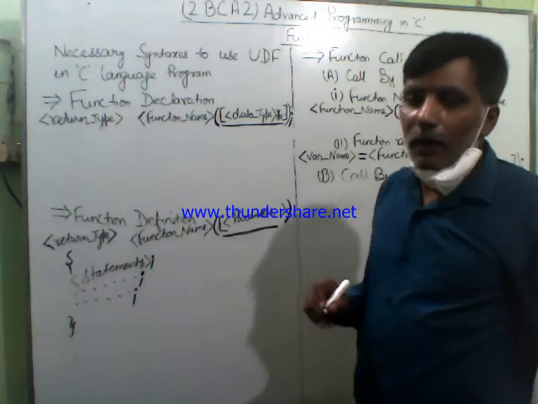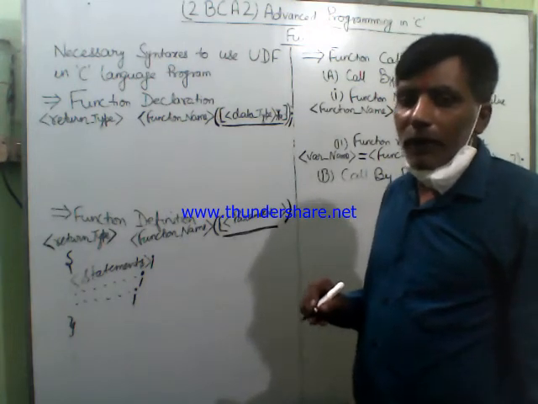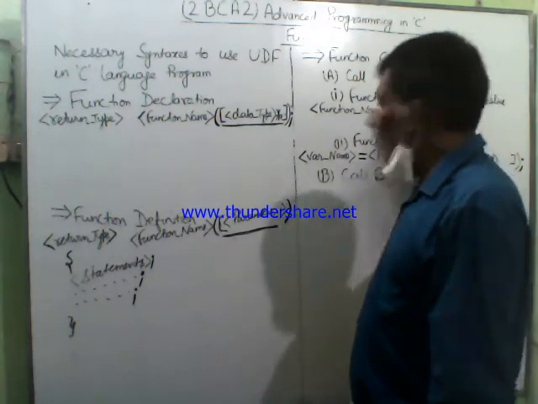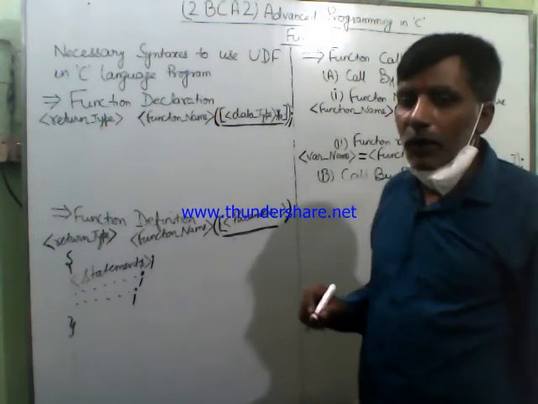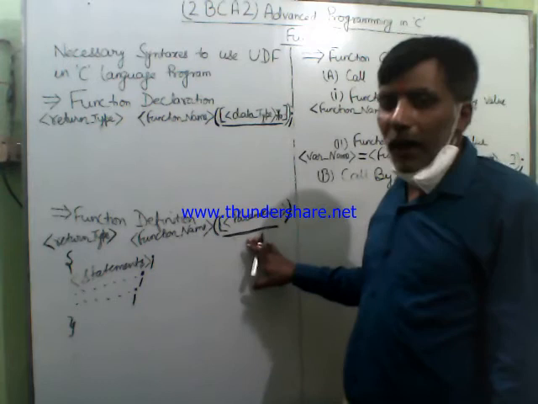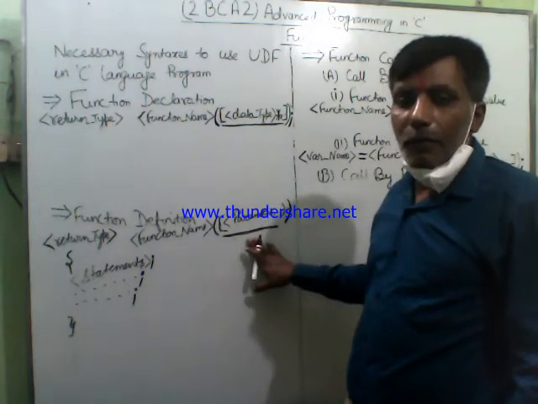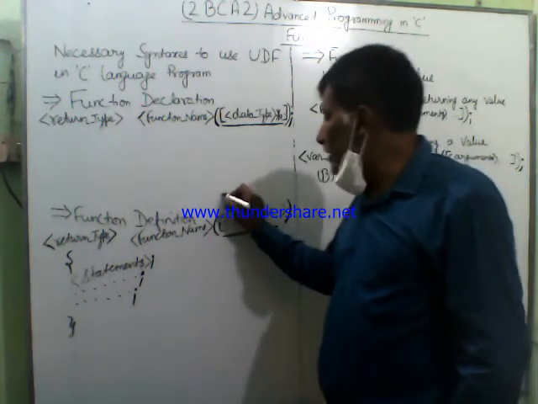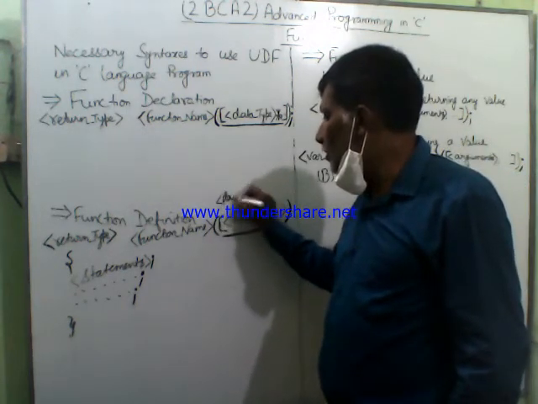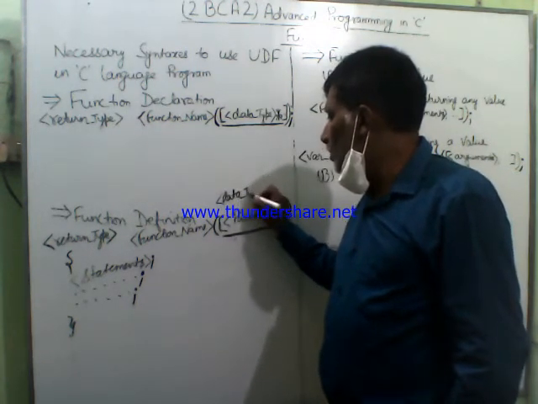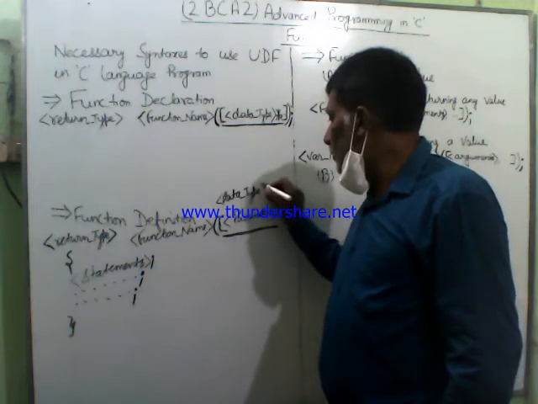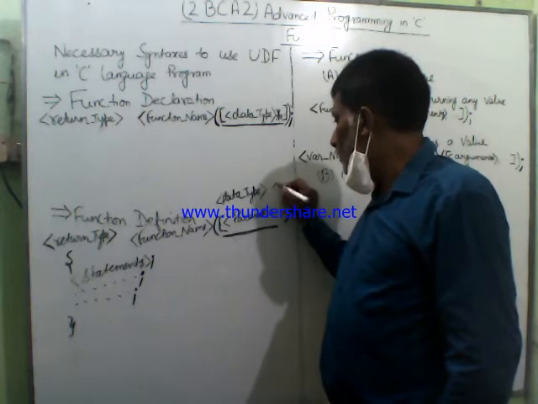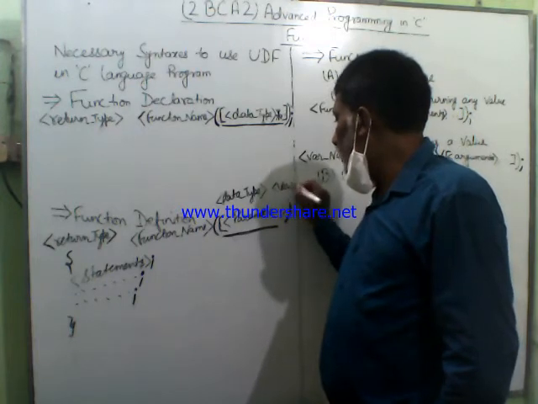When you are calling your user defined function by using the call by value method, you have to declare the parameter while performing the function definition using the syntax: data type, var name.